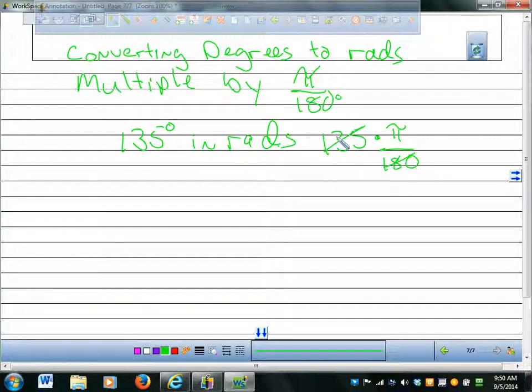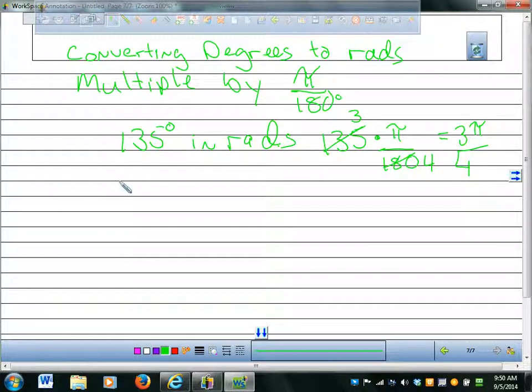You'll get familiar with some. 45 goes into 135 how many times? 3. Divide this by 45, you get 4. So that's equal to 3 pi over 4. Now you could reduce it and just keep going, but you write that as 3 pi over 4.